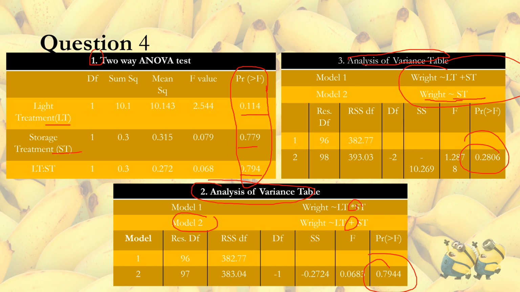It basically means that this model also didn't make describing the variation any worse. And so all the models were adequate in describing the significant interaction of LT and ST on the ripeness index of bananas. And the interaction could be seen on the next slide.